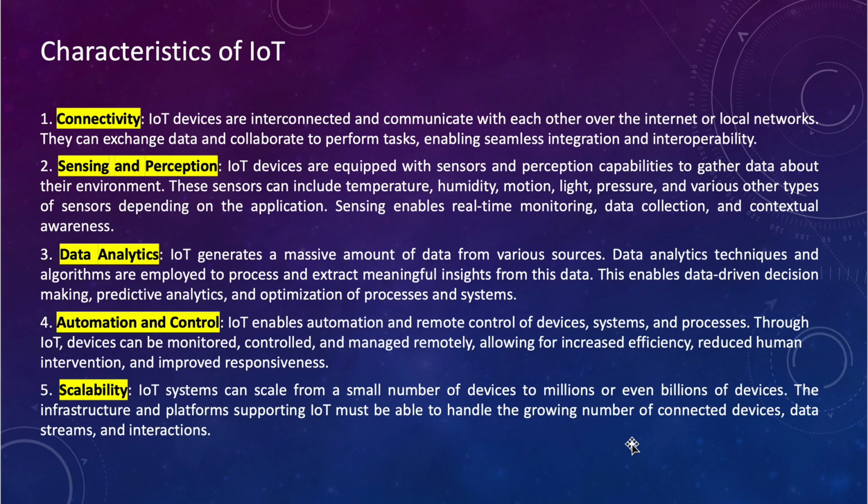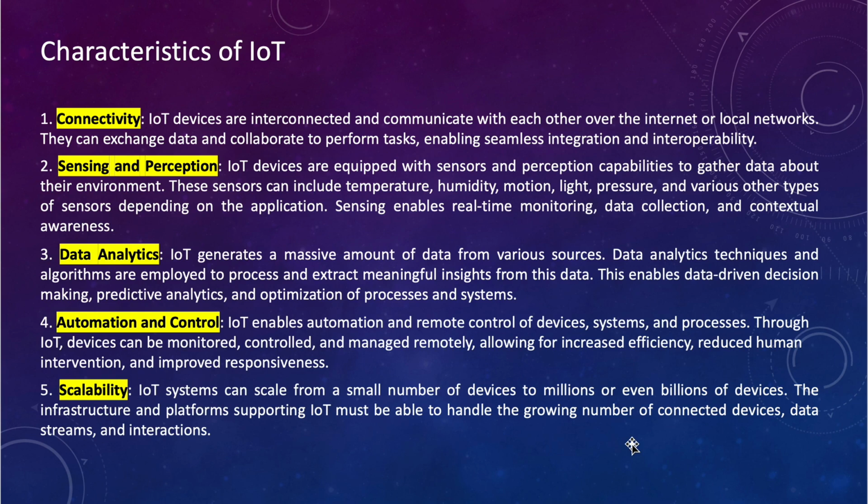We talked about how IoT devices with sensors take in data, and that data is processed, and the outcome of that processed data is used to give commands to other IoT devices to take action, right? IoT enables automation and remote control of devices, systems, and processes.